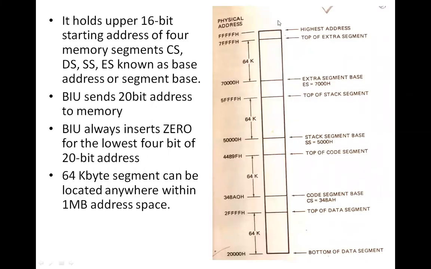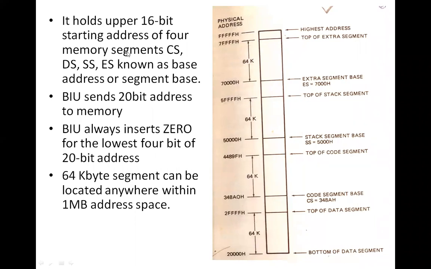Now this is another figure of the segment register, which represents that the segment registers are going to hold the upper 16-bit addresses of the 4 memory segments: code segment, data segment, extra segment, and the stack segment. This is known as the base address or the segment base.